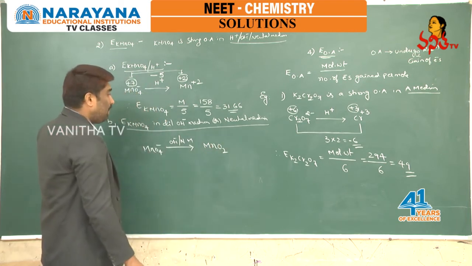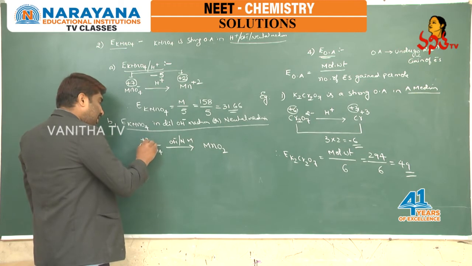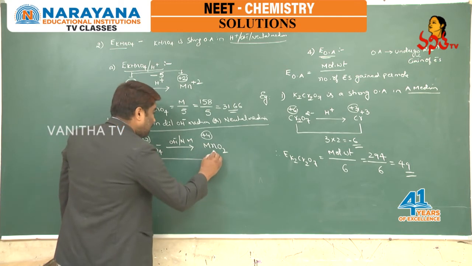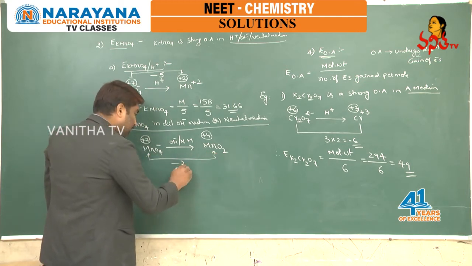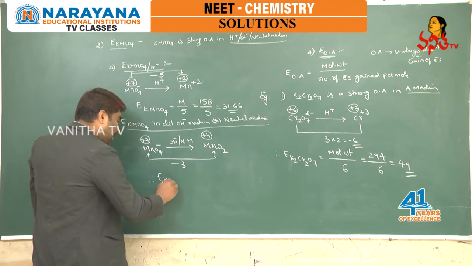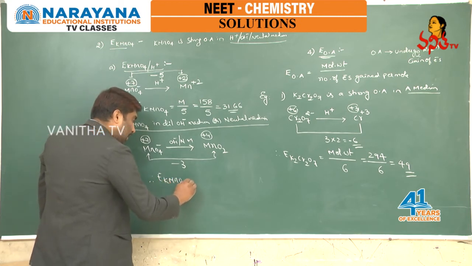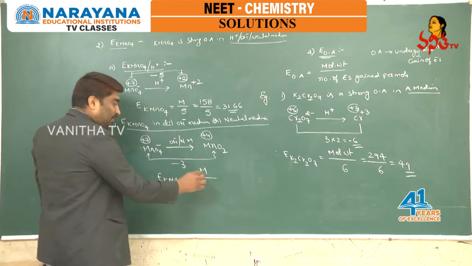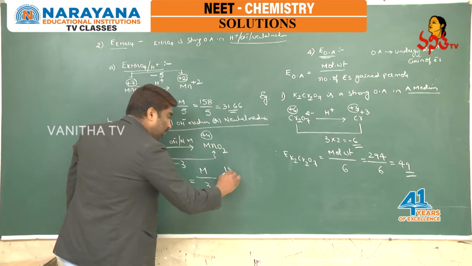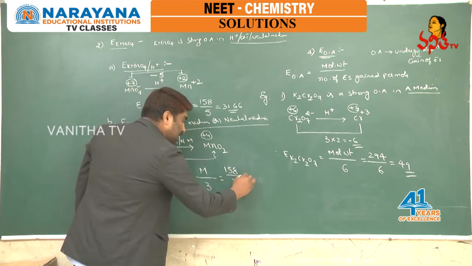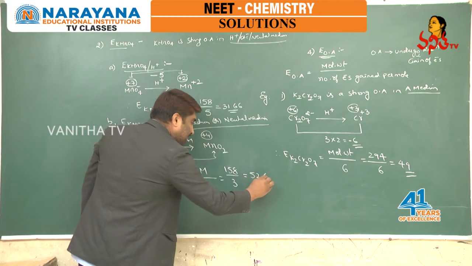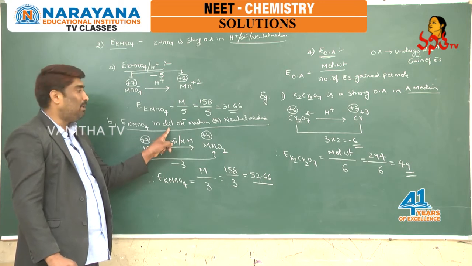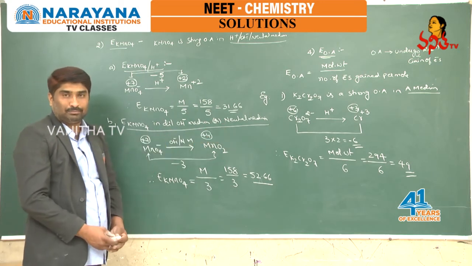That means the oxidation state is changed from plus 7 to plus 4. Plus 7 to plus 4, the difference is minus 3 units. Therefore, the equivalent weight of KMnO4 in dilute or neutral medium is molecular weight by how much difference? 3. That is 158 by 3, that is 52.66. This is the equivalent weight of KMnO4 in dilute alkaline medium or neutral medium.